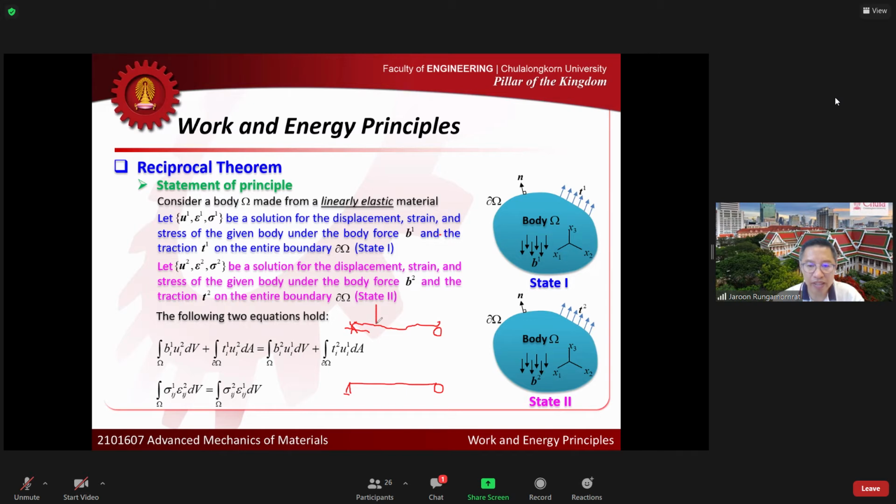If you apply the force here, equal to P1, let's say that it's equal to P, and I call this point A, okay?